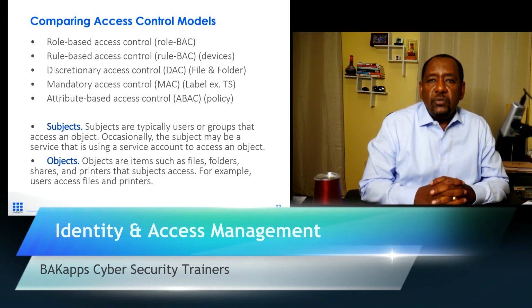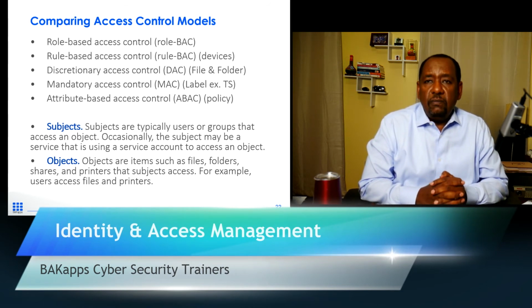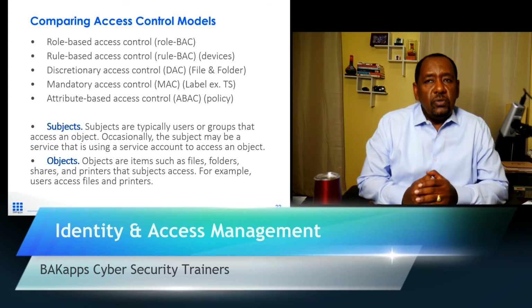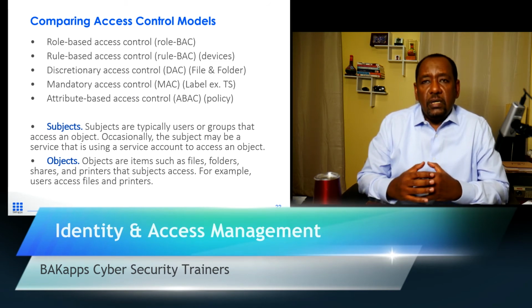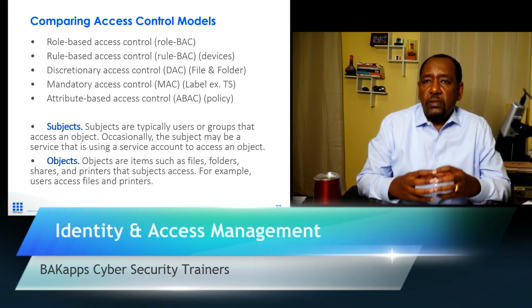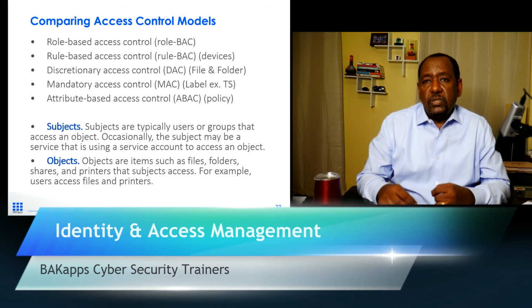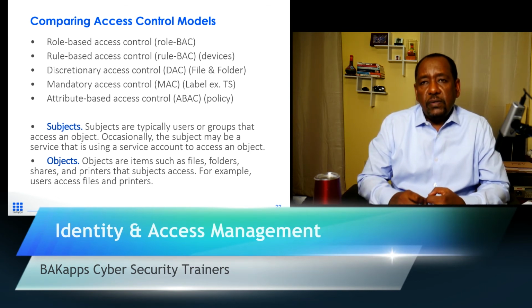Then we have mandatory access controls. These are particularly in a heavily secured environment where users are classified based on their security clearance. If there is a folder or a resource, that resource is accessible based on your clearance level.